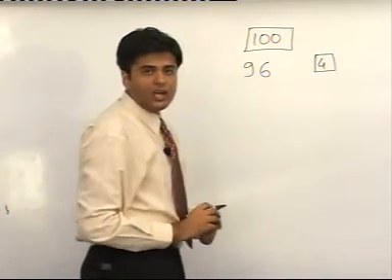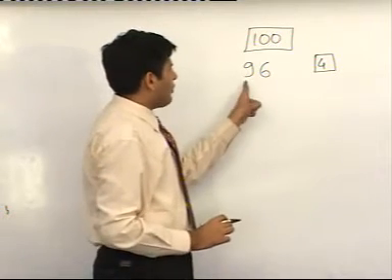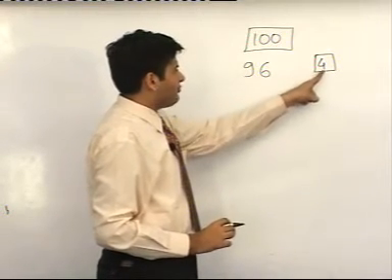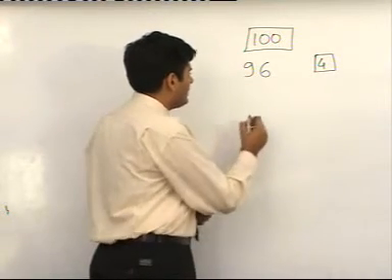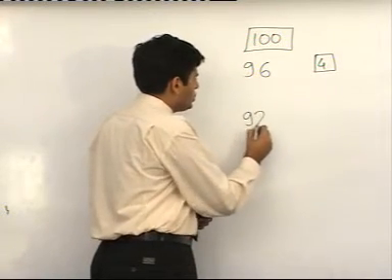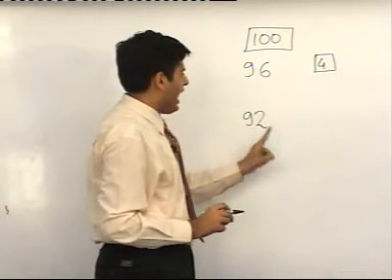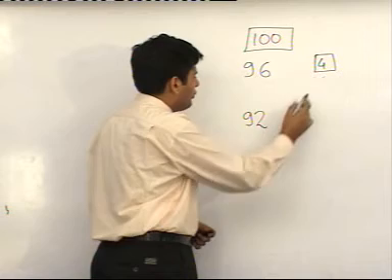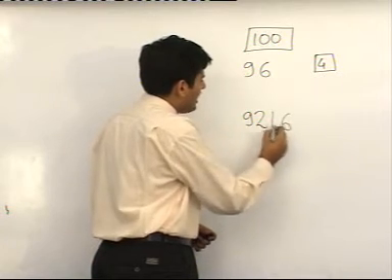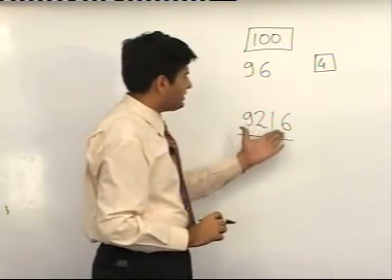Now let us see how we can quickly get the square of 96. Very simple. From 96 you subtract 4 and put it over here. So 96 minus 4 is 92. Then we find the square of this number and put it here. Square of 4 is 16 because 4 4s are 16. So this is our final answer. The square of 96 is 9216.